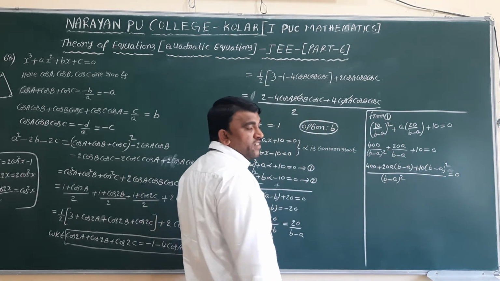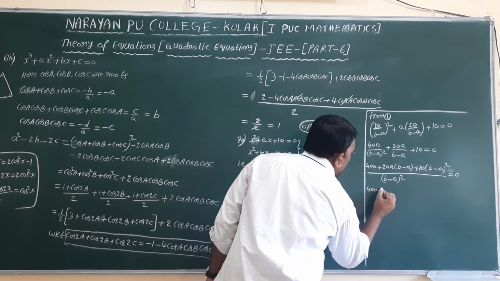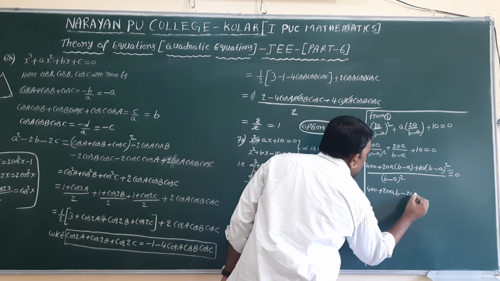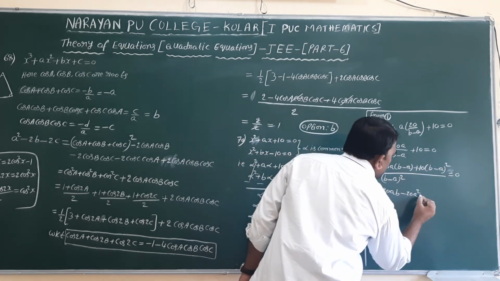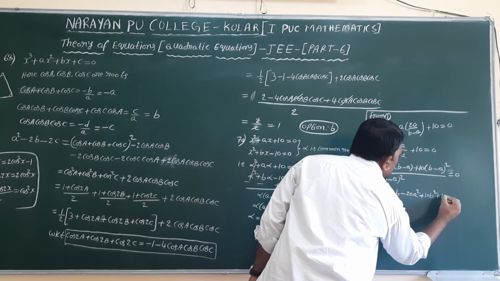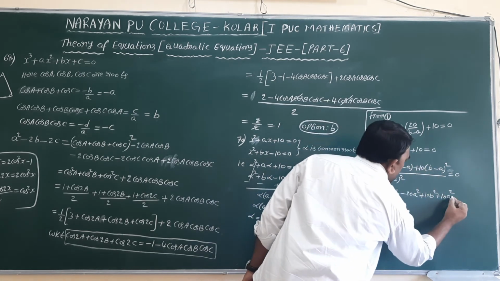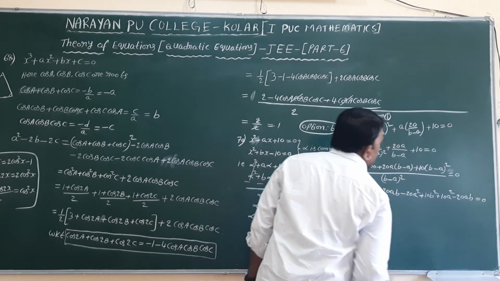The denominator will go to the right side, that will become 0. Let's simplify this. 400 plus 20ab minus 20a square, plus 10 into b minus a whole square, that is 10b square plus 10a square minus 2ab into 10, minus 20ab, is equal to 0.